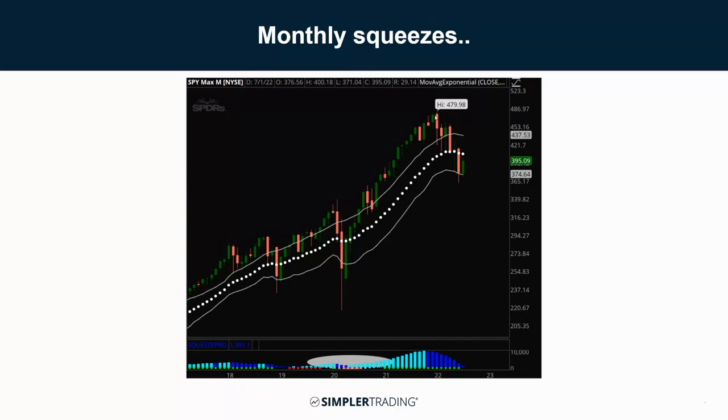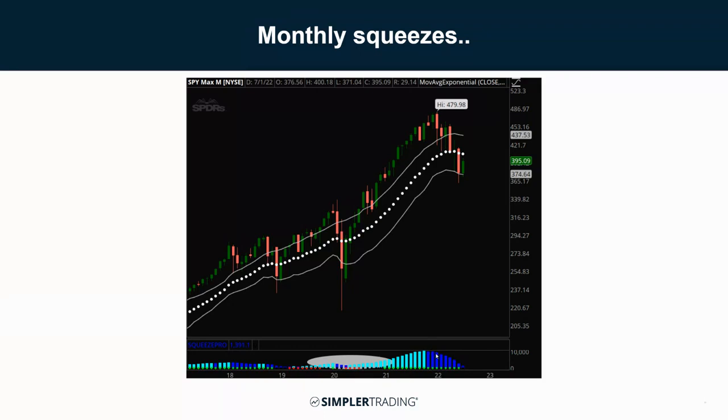I get the context of what was going on, but the squeeze also worked as advertised. The squeeze fires, being that it's a monthly chart, and that triggered our entire bull market rally. What happened to our bull market when that monthly squeeze starts to get a little bit tired? The histogram goes from light blue to dark blue.